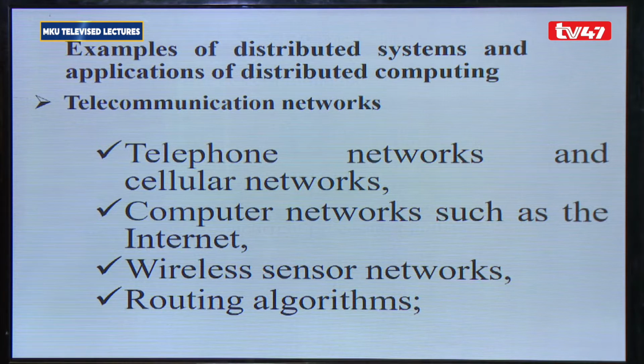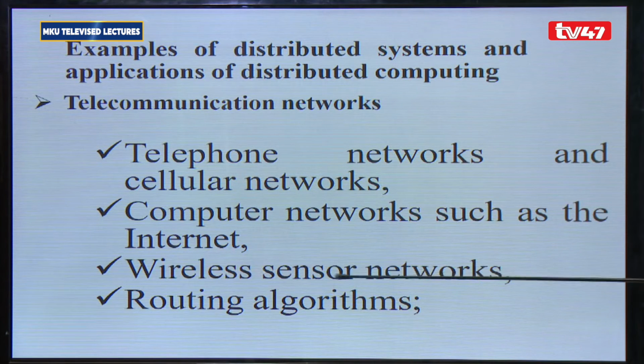Examples of distributed systems and applications: how do you apply distributed systems? The first one, and most familiar, is in the telecommunication network industry, for example telephone networks and cellular networks. Computer networks, such as the internet, are an example of a distributed system.